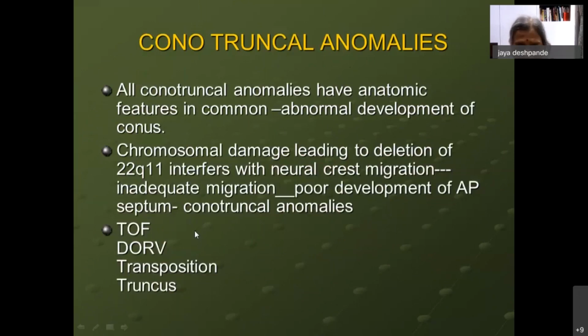There is inadequate migration, and as a consequence, poor development of aortopulmonary septum, and you get conotruncal anomalies. Now these are the conotruncal anomalies: Fallot's tetralogy, which we saw last time, double outlet right ventricle, transposition, and truncus. Today we will be dealing with transposition of great vessels.